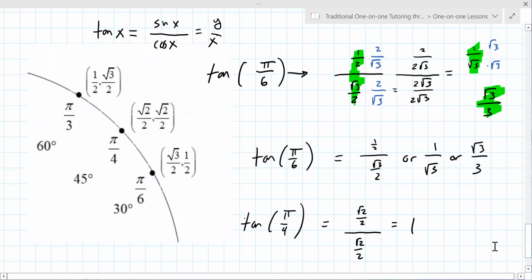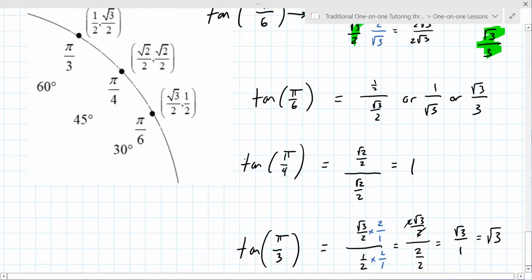Okay, so just to summarize here a little bit, because I know this is a lot. Tangent of x can take on the following values. It can be 0. It can be the square root of 3. It can be the square root of 3 over 3.